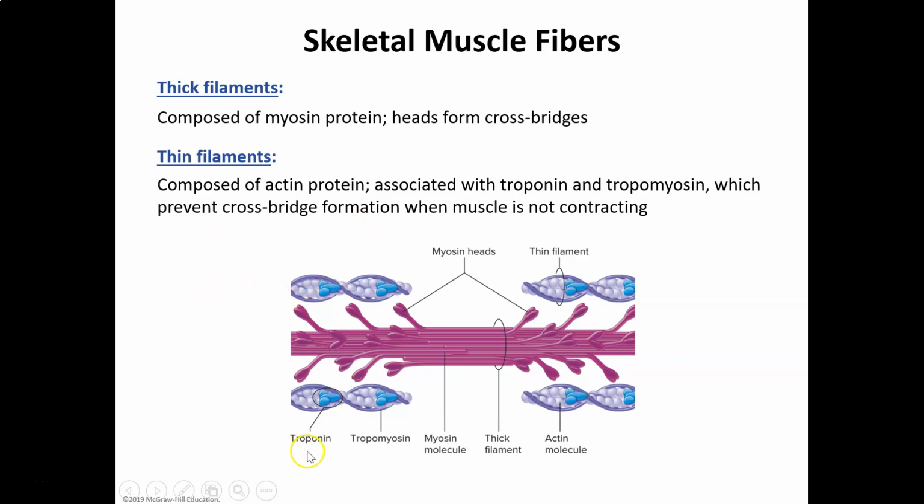Another molecule that you need to be aware of is troponin. Troponin looks like a rocket ship in there. That's the key protein that will help the muscle to contract.